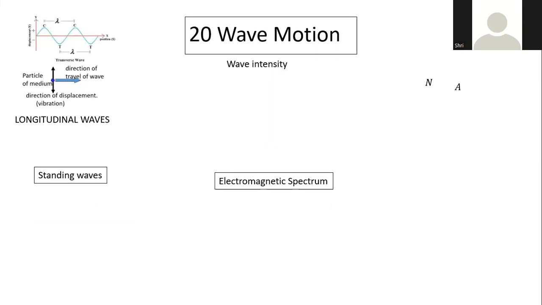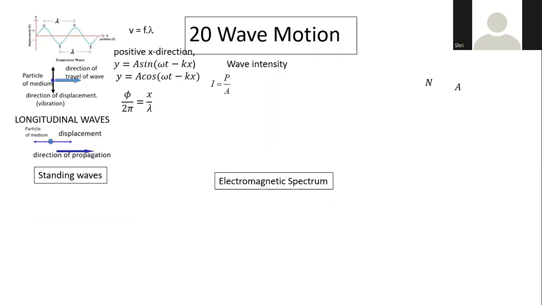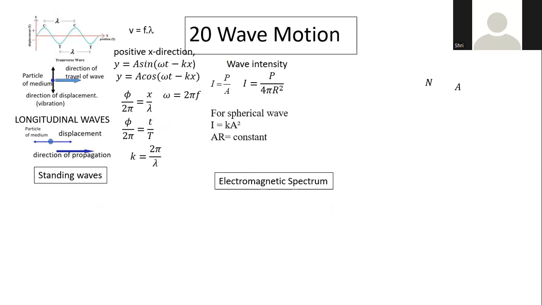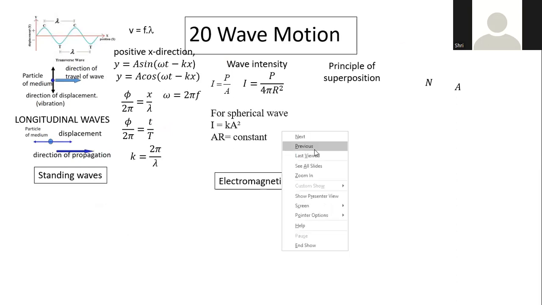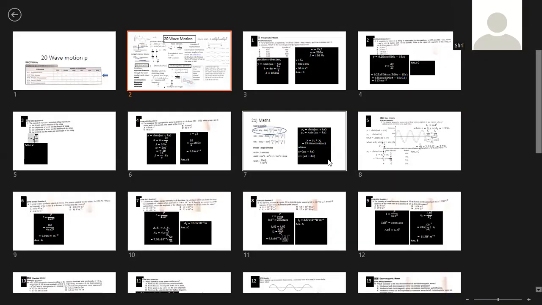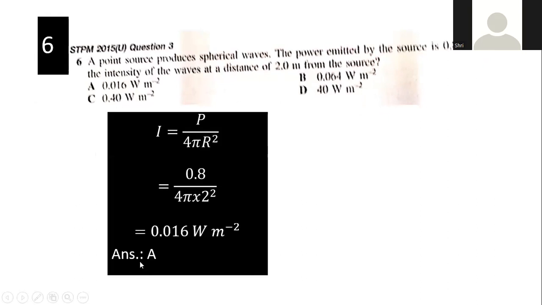In case you are looking for the formula, the intensity formula, the answer is A. Let us see. Your power, that's your power. And then your distance, 2 meters. Okay, good.